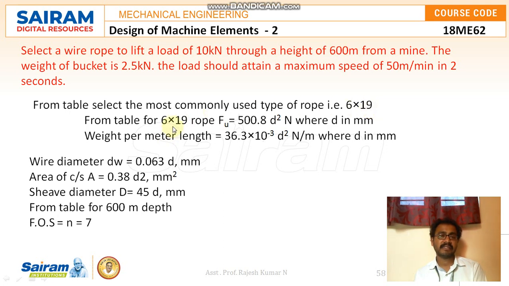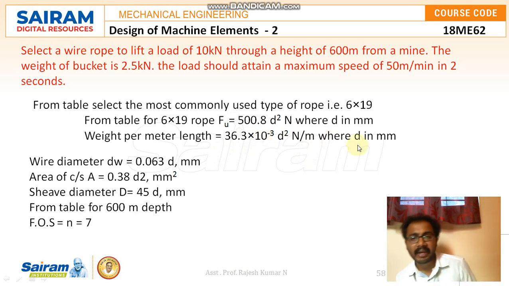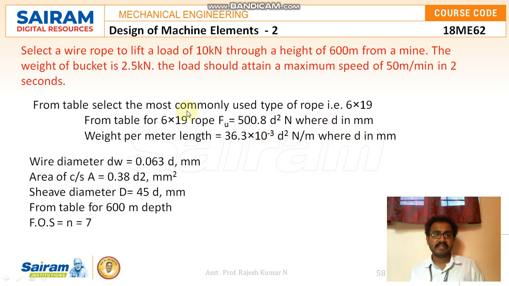For the 6 cross 19 rope, I'll be writing the ultimate load, which is equal to 500.8 d square, where d is in mm, and the weight per meter length is equal to 36.3 into 10 power minus 3 d square newton per meter, where again d is in mm. These data are available from the design data handbook table.